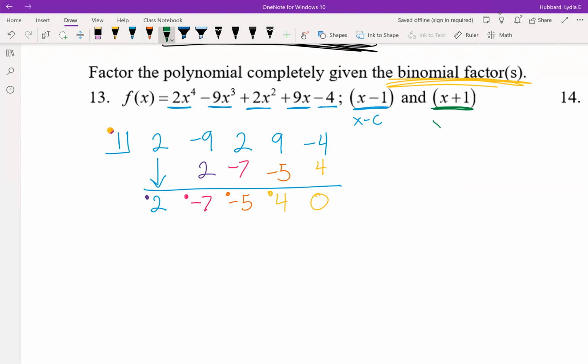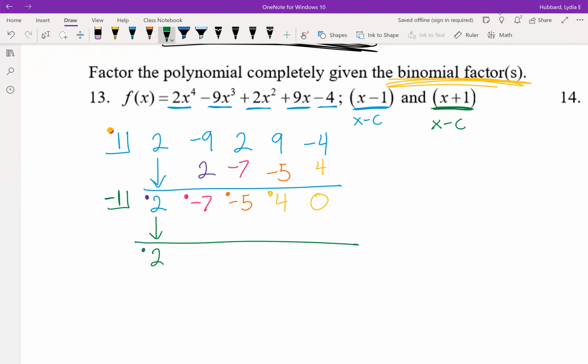So now I'm going to use this x plus 1, which is also an x minus c form. And now I'm plugging in a -1, because again, we're taking the opposite for that. And I'm going to use these numbers as my new coefficients instead of rewriting it again. So I'm going to drop down that first number as before, which is a 2.